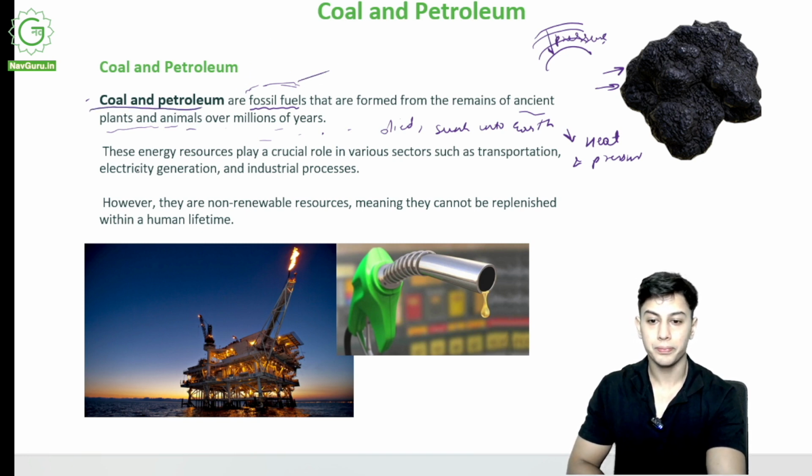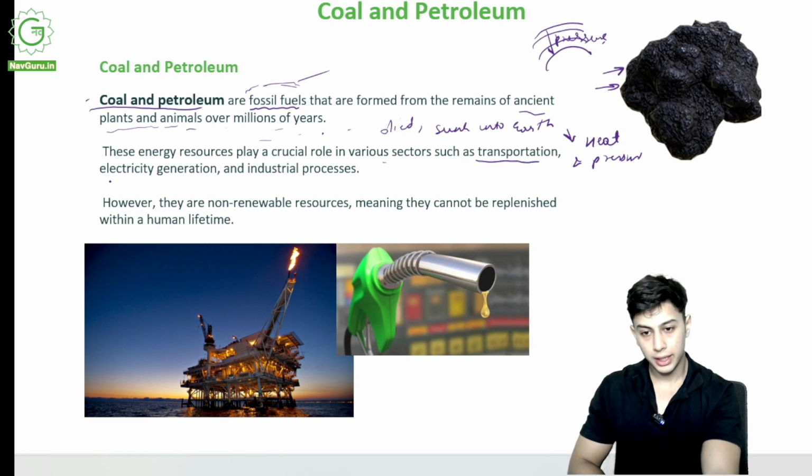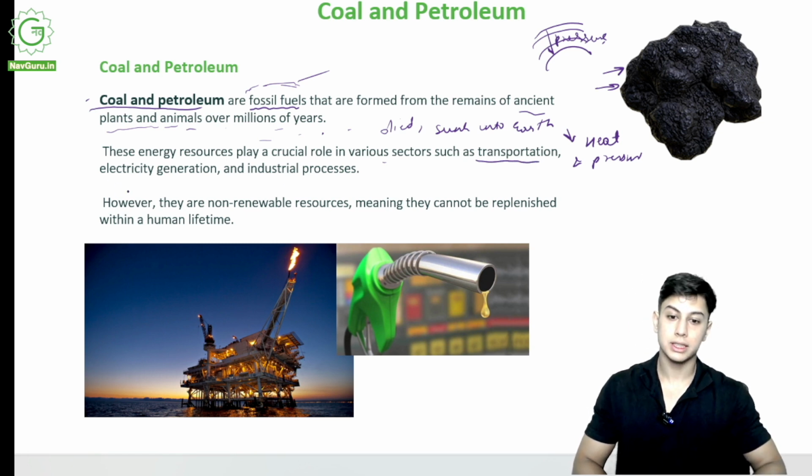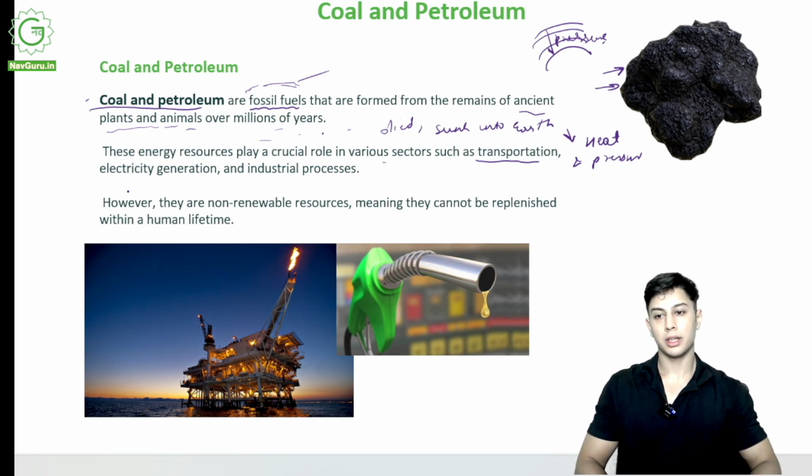These energy resources play a crucial role in various sectors such as transportation, electricity generation, and industrial processes. For example, have you seen a malgadi, a goods carriage, a train that carries goods?